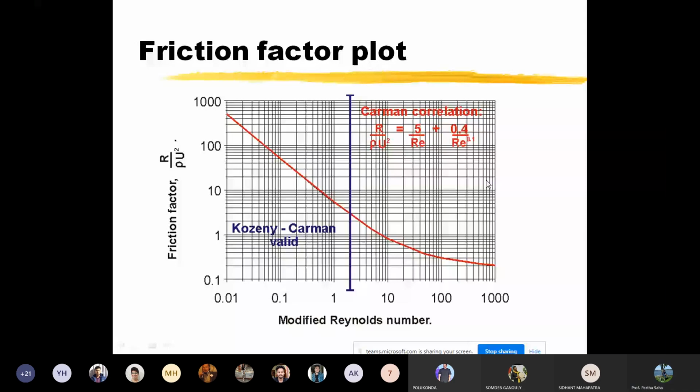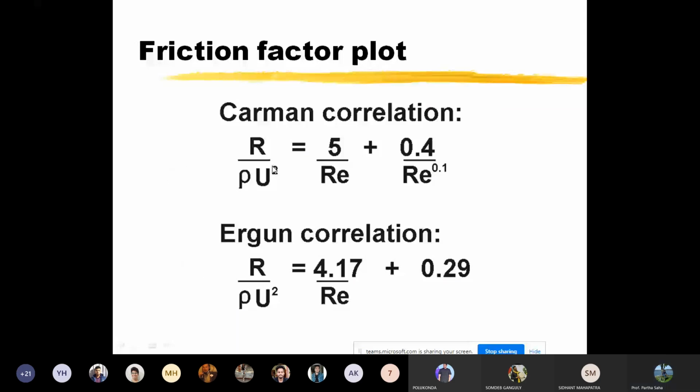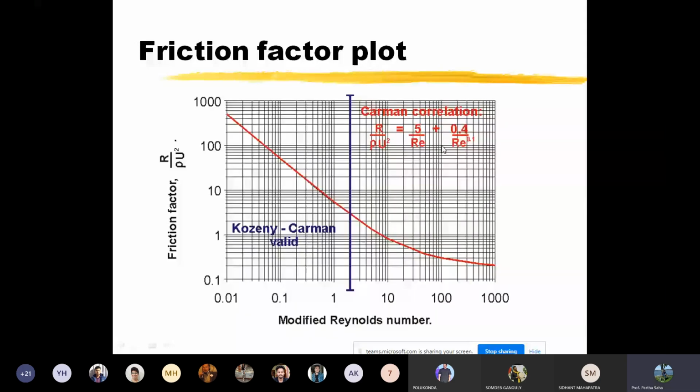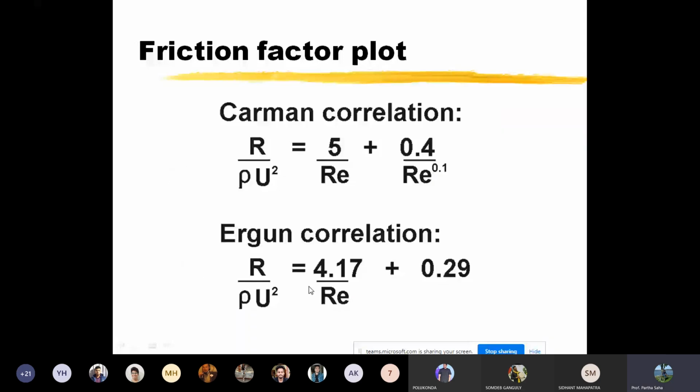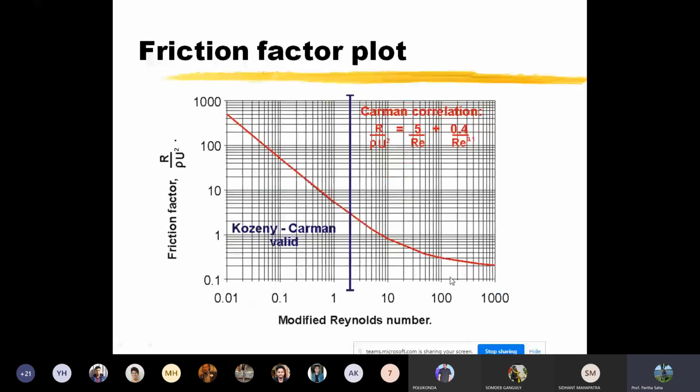As you can see, the Kozeny-Kármán equation is this: R by rho U square equals 5 by Re, plus 0.4 divided by Reynolds number to the power 1, which is valid in this region. And the second expression is the Ergun correlation, that is R by rho U square equals 4.17 by Re plus 0.29, which is applicable when the Reynolds number is greater than 2.